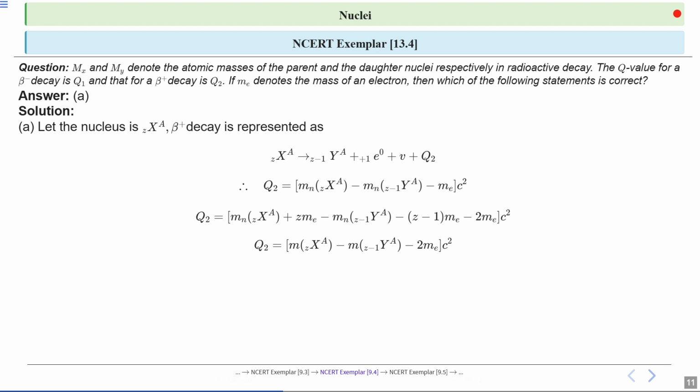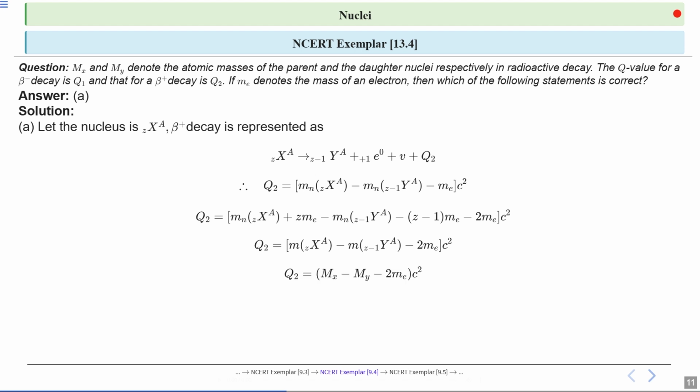So Mn, that is the mass of nucleons of X atom, plus the mass of electrons gives us the mass of parent atom X minus the mass of daughter atom Y minus 2Me, multiplied by C square. Addition of mass of nucleons and mass of electrons in the above step results in the mass of the entire atom.